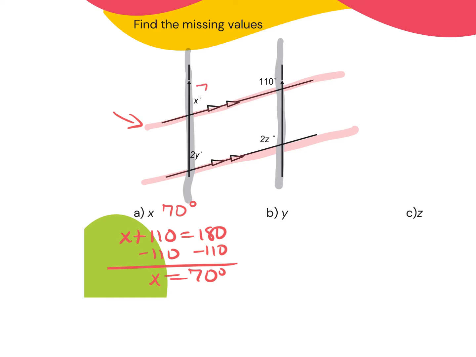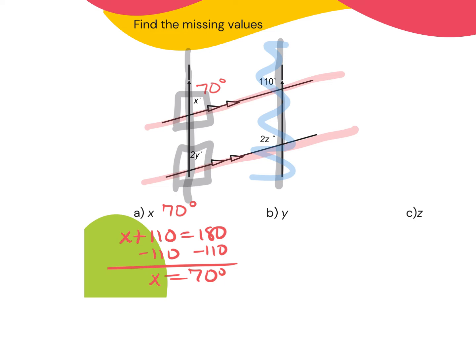So X is 70. Now for Y, now we're referring to the two red lines as being the parallel, and the gray is the transversal. So if it helps you to ignore this, these two, again, if you box them, are corresponding. And I just found the value of X at 70.